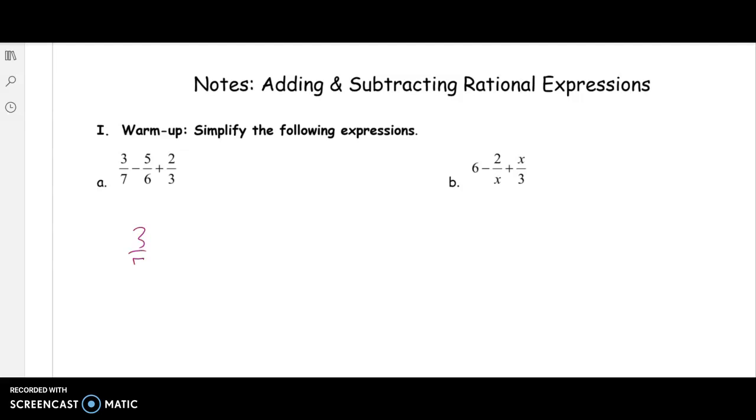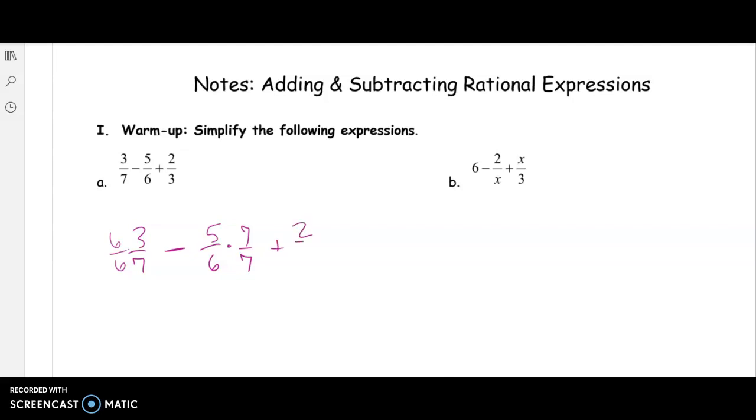So I'm going to take 3/7 and multiply it by 1 because I can do that. It doesn't change what it is. But I'm going to rewrite 1 as 6/6 because that will get me that common denominator of 42. Now I'm going to take that 5/6 and multiply it also by 1, but I'm going to multiply it by 7/7 because that will also give me that common denominator of 42.